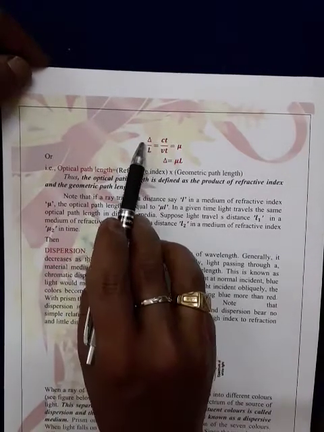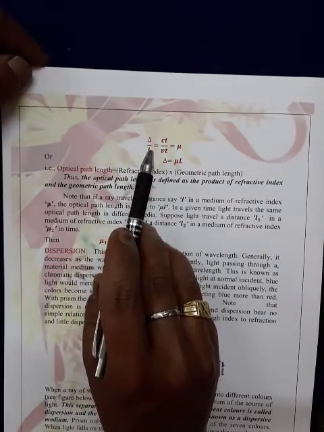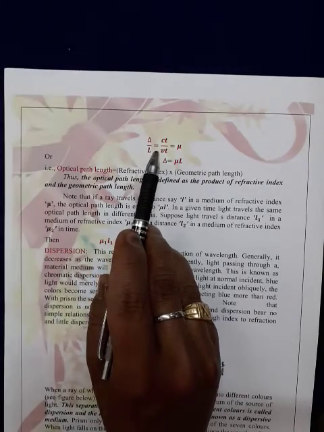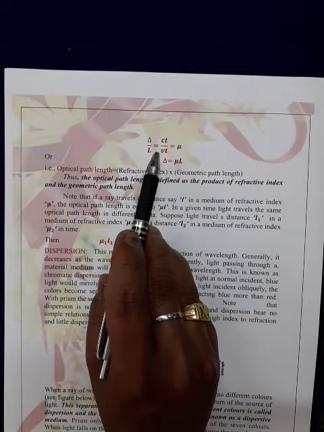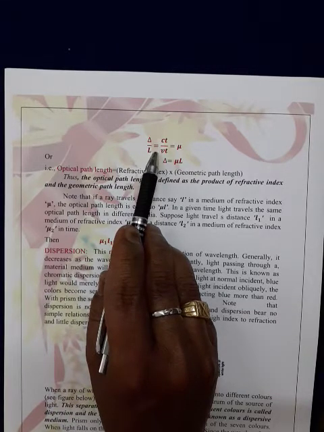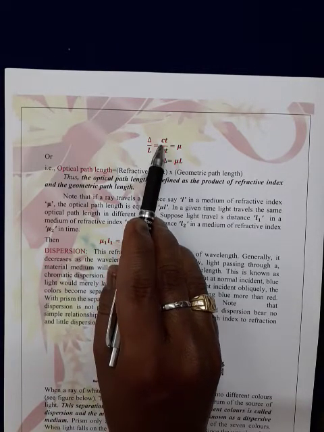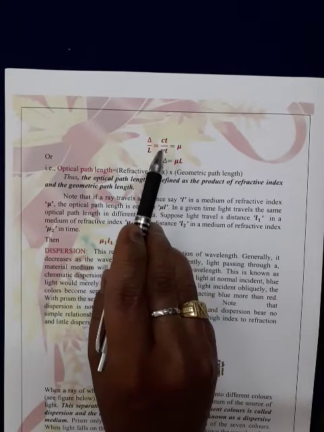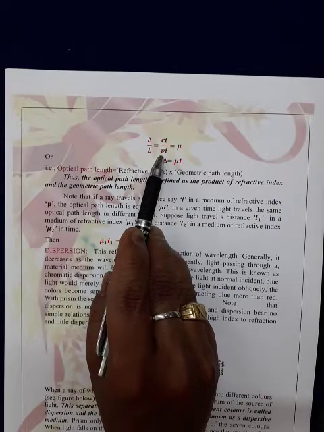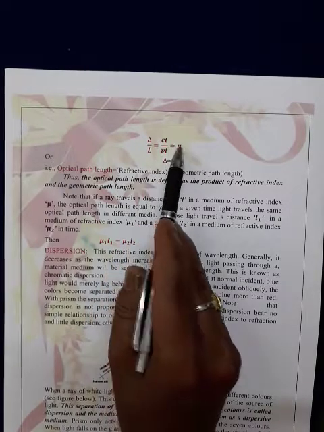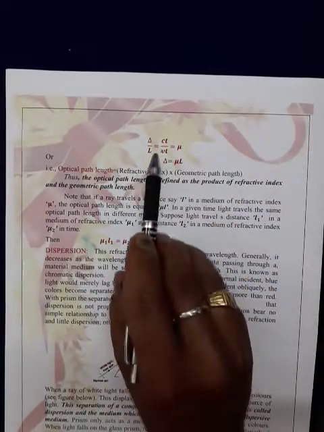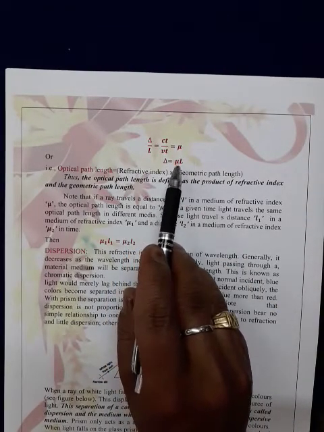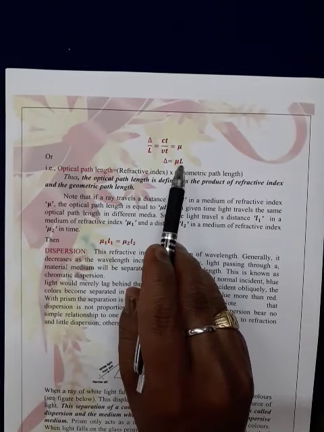Optical path divided by the length is nothing but velocity of light in a vacuum times t divided by velocity of light in a medium times t, which is equal to mu. Or by cross multiplying, the optical path is equal to mu times L.